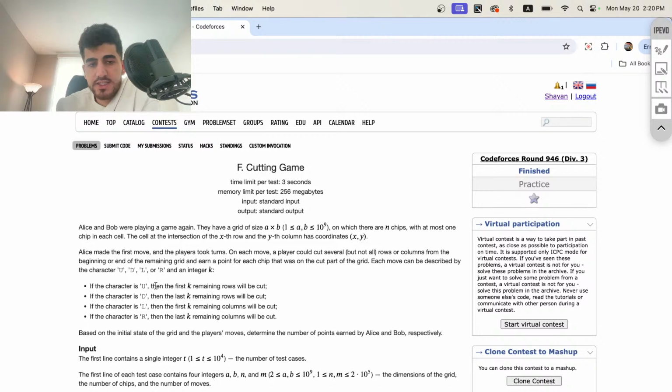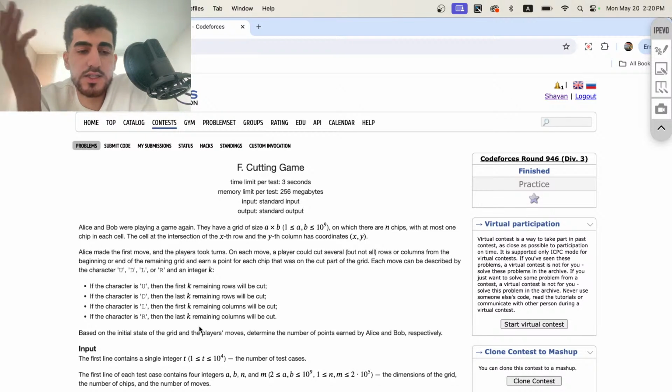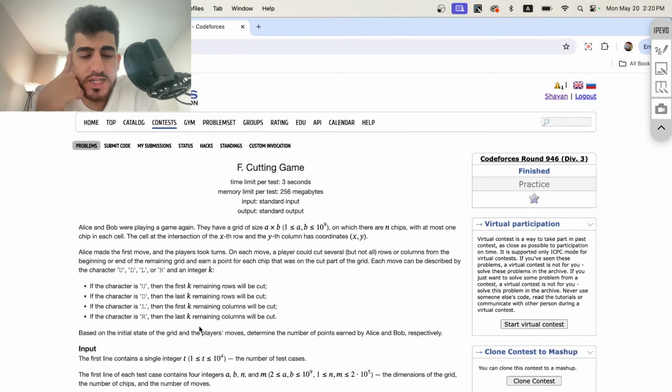If the character is u, then the first k remaining rows will be cut. If it is d, then the last k remaining rows will be cut, and so on. If it is l, the leftmost columns, if it is r, the rightmost columns will be cut. So based on the initial state of the grid and players' moves, determine the number of points earned by Alice and Bob respectively.